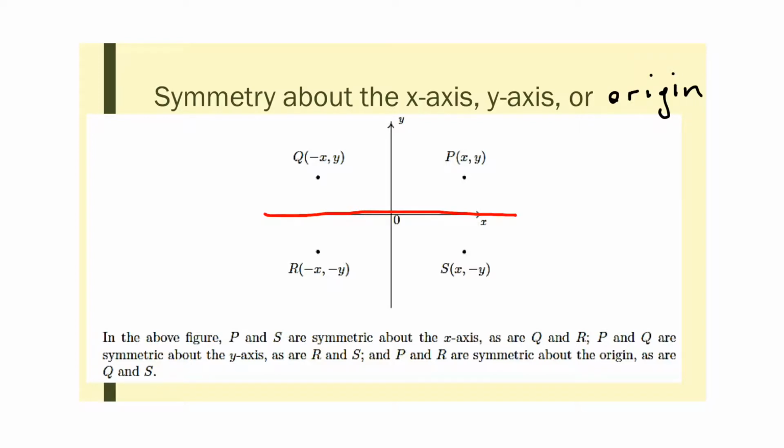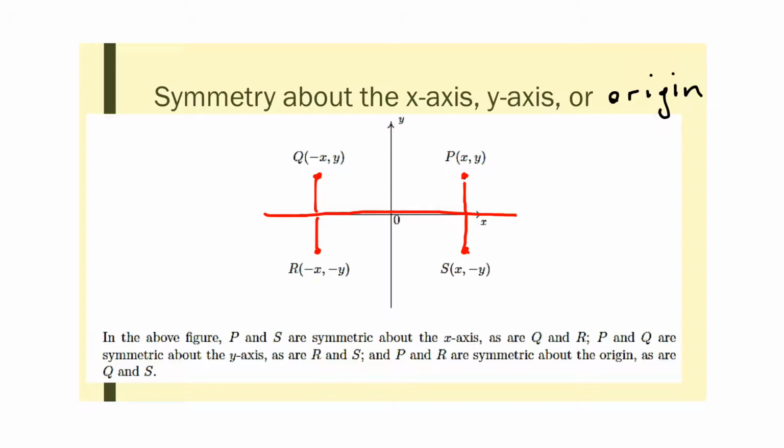For instance, if I look at point P and I fold up along that x-axis red line, P is going to wind up right on top of that S. Likewise, Q is going to wind up right on top of R, because they have the same distance from that fold. So those are considered points that are symmetric about the x-axis.